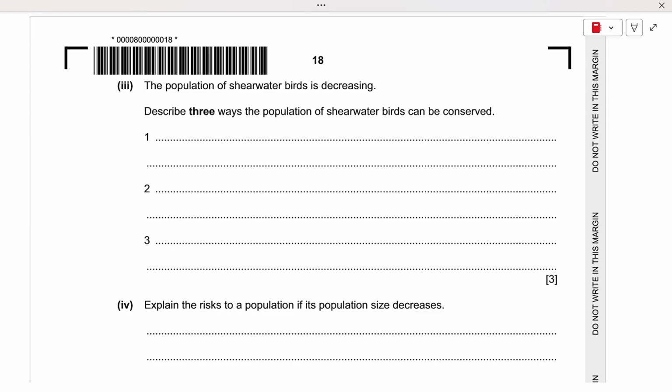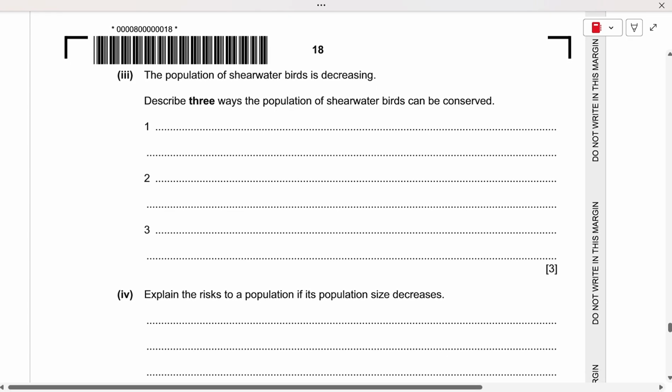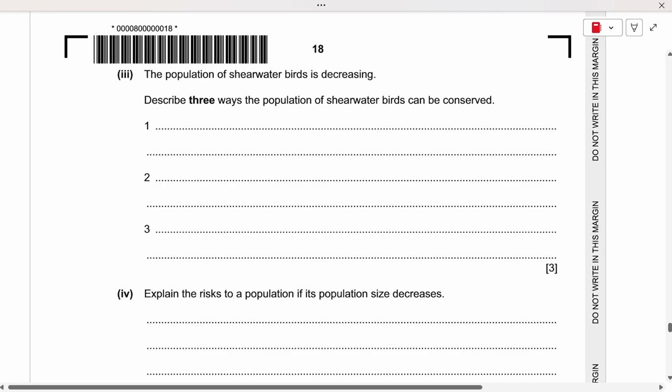Apart from that, we can provide education, monitor hunting and poaching, establish laws to protect these organisms, and also protect the habitats in which they live.